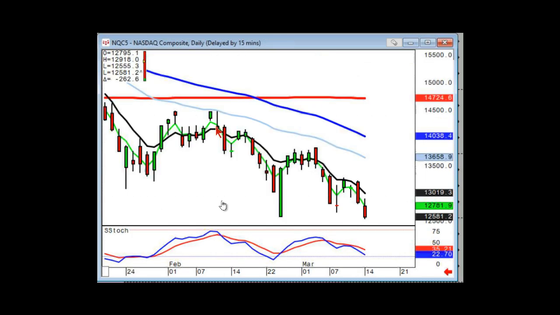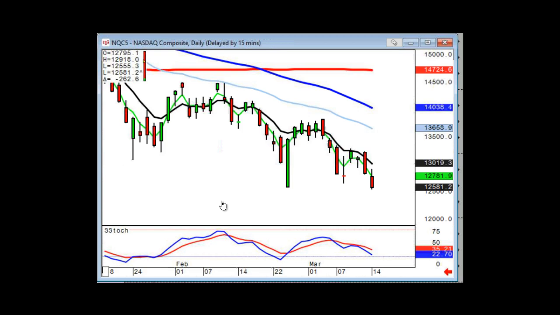All right, nothing on this chart to tell you there's any strength coming in yet. You're not in the oversold area. If they break this level, I would suspect they're coming down into this range.